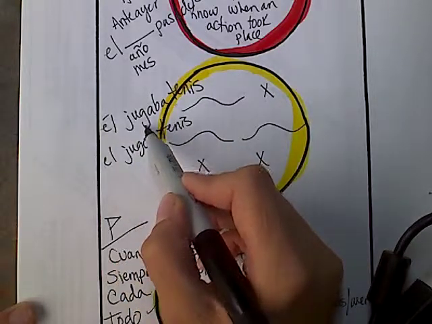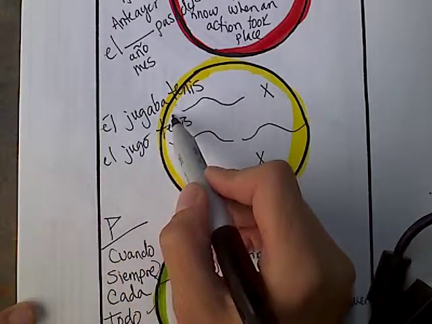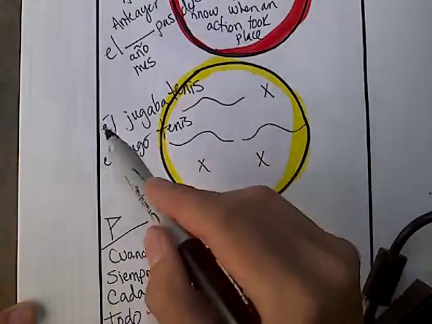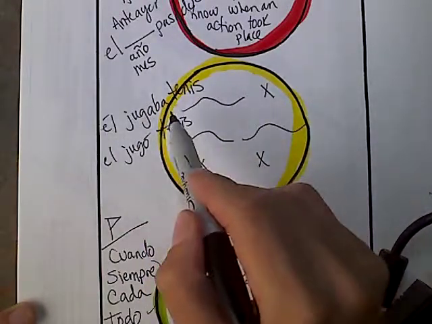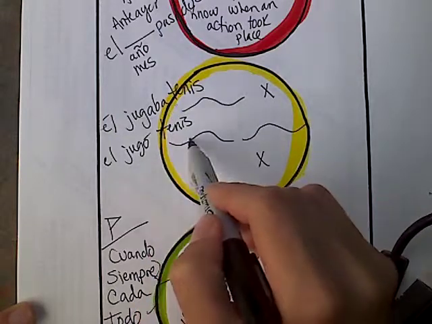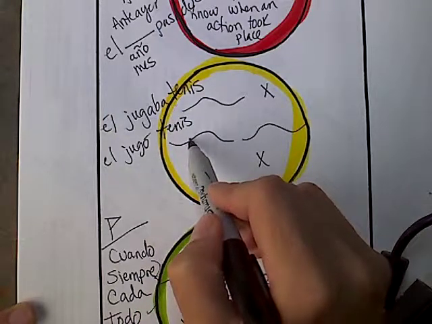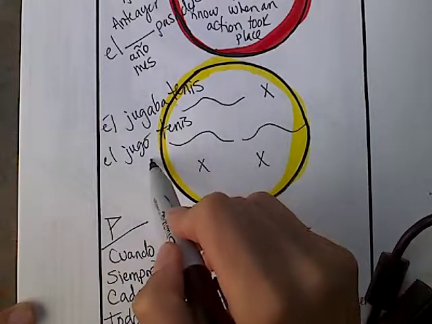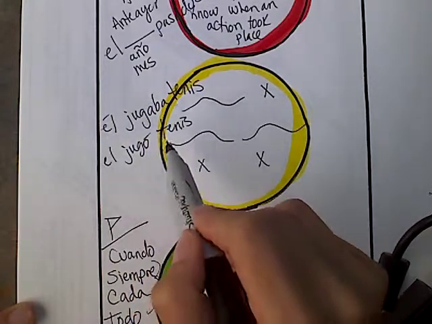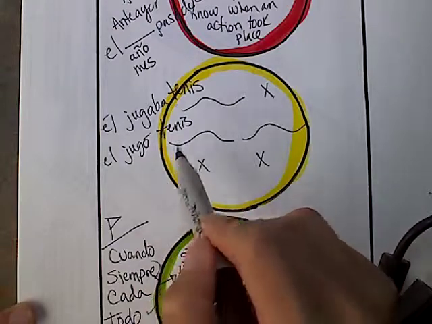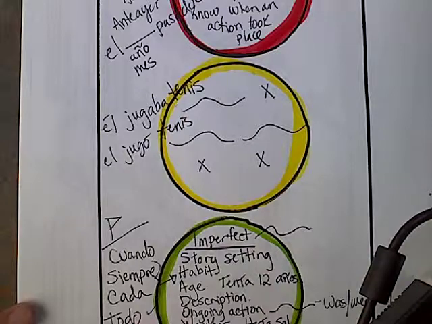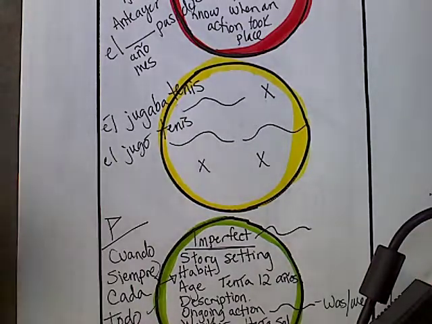He used to play tennis. And so just by using jugaba, we're being told that this is happening over a period of time. He used to do this. But él jugó tenis means he played tennis. Okay, so we know that this happened one time in the past versus he used to play. So again, this is just based on what you're trying to express. Are you trying to express something that's happening long term in the past or one time in the past? All right.